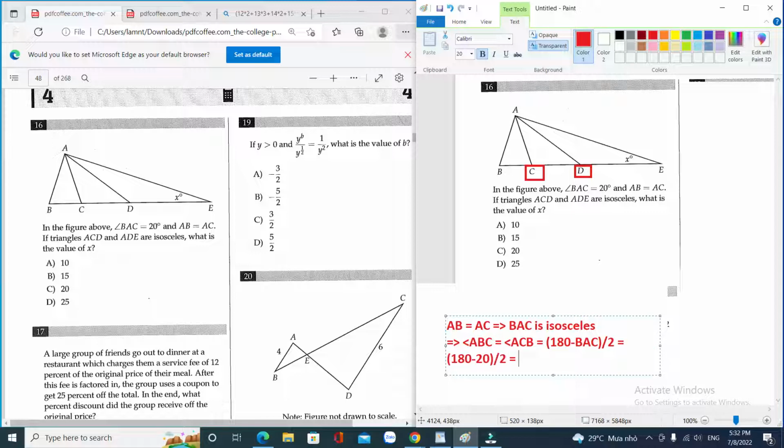That's 80. That's 80 for each of the angles. Okay. So ACB is equal to 80.